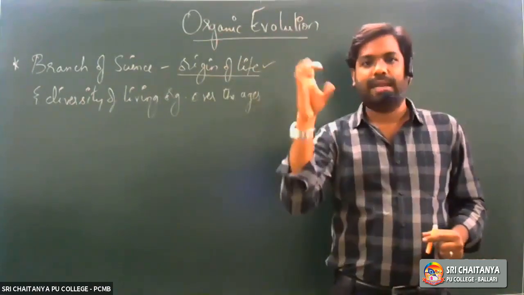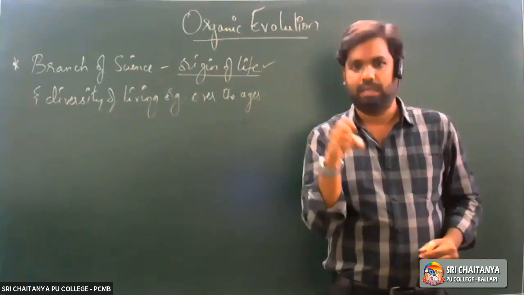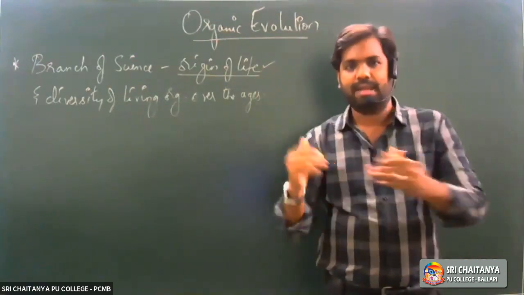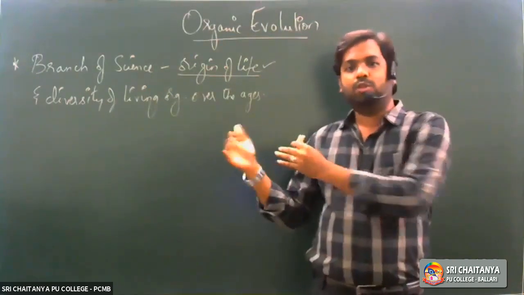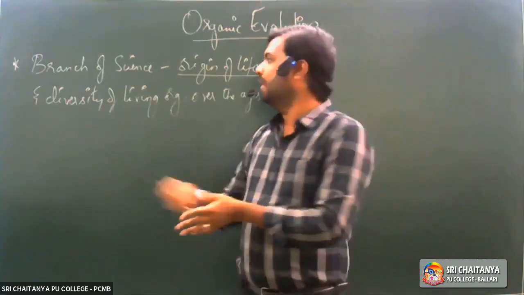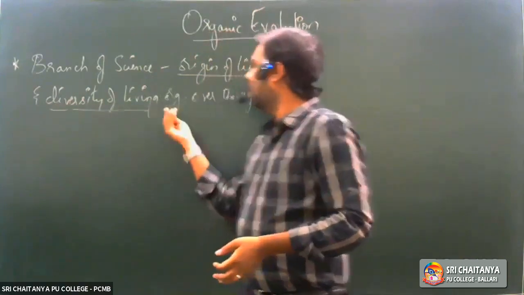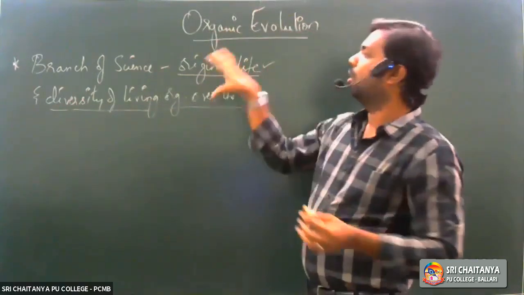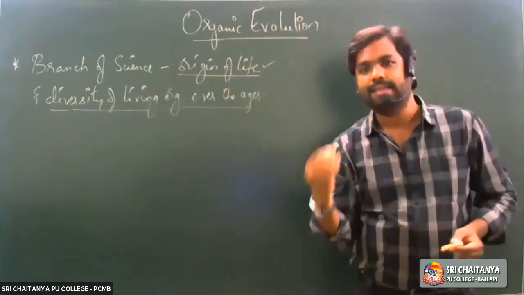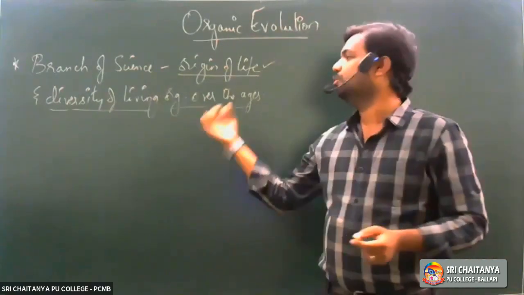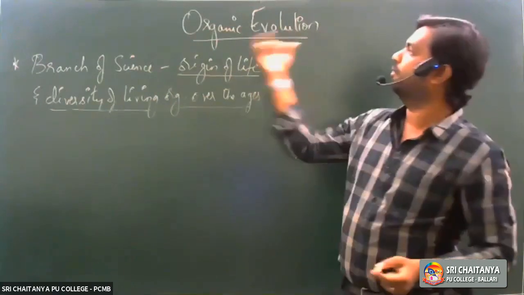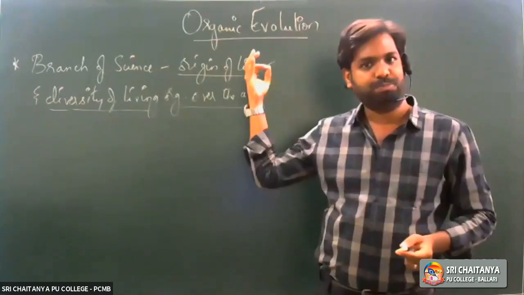From the time life began on this planet Earth till date, several animals have evolved from time to time. That we usually refer to as the diversity of living organisms. The study of the origin of life as well as the diversity of living organisms over the ages is referred to as organic evolution.